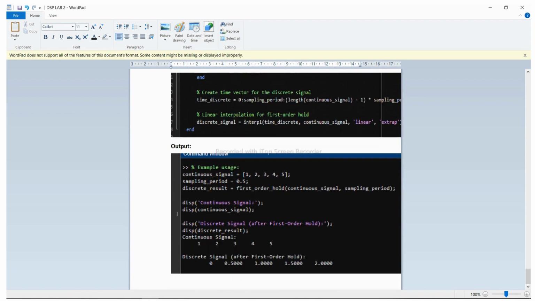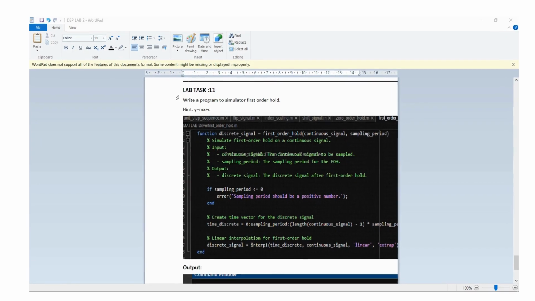After the zero order hold we get a discrete signal, and after first order hold we have the discrete signal as 0, 0.5, 1, 1.5, 2.0. So this is the required task that we have to perform. Thank you so much.